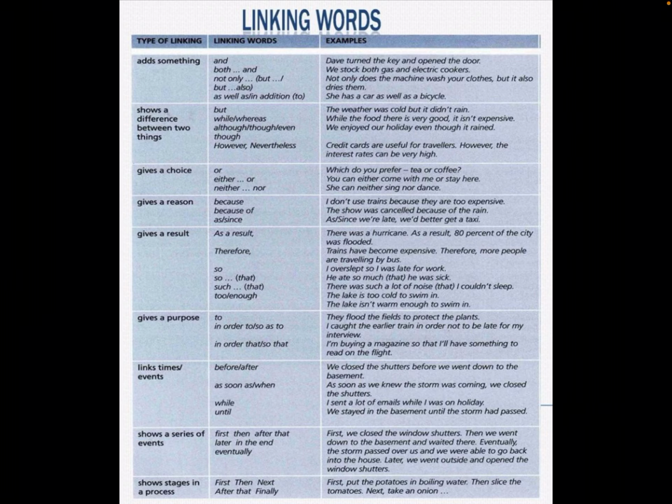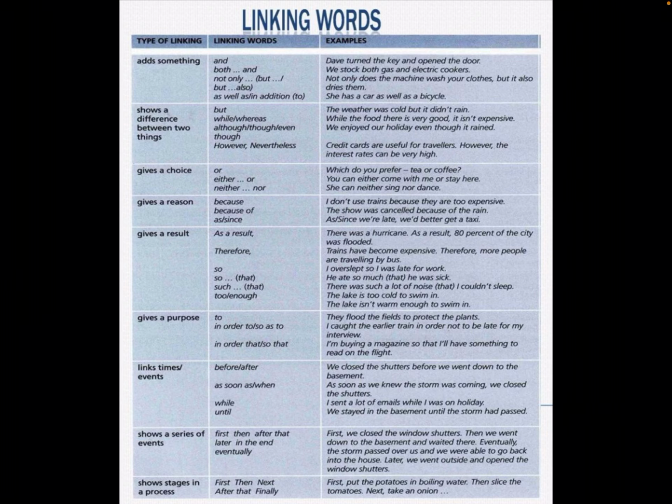When we want to show a series of events, like when we want to talk about more than one subject, we can say, first we closed the window shutters, then we went down to the basement and waited there. Eventually, the storm passed over us and we were able to go back into the house. So here we are talking about what we did first, then what we did next, and then what happened last.